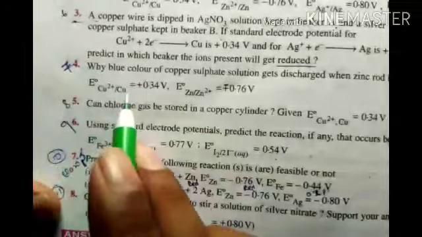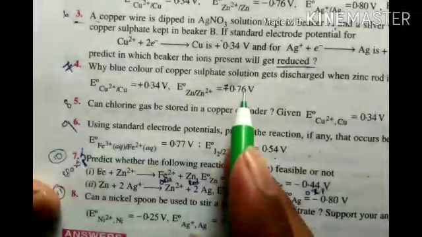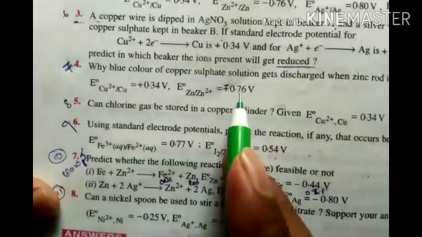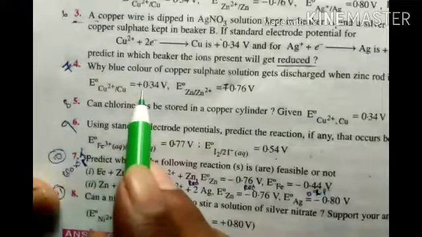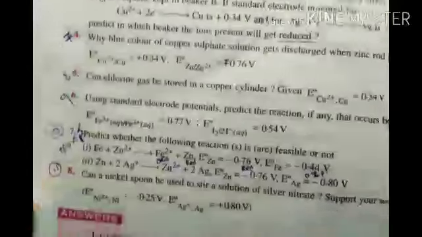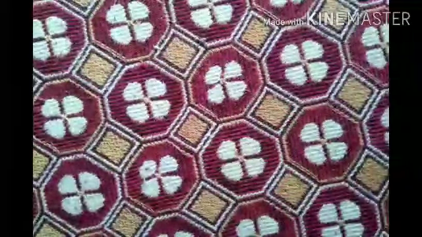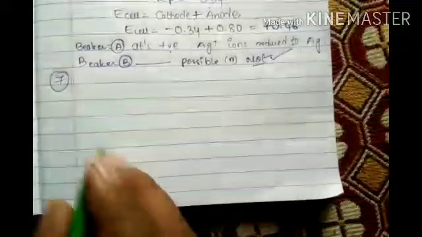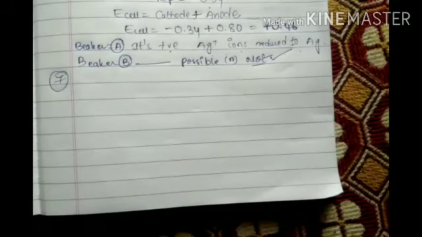Given copper 0.34, zinc 0.76. Both are positive they gave. When they give positive, we have to use the reduction potential formula. Why does the blue color copper sulfate solution get discharged? That is the question.